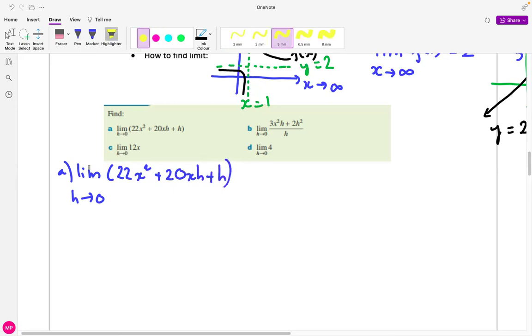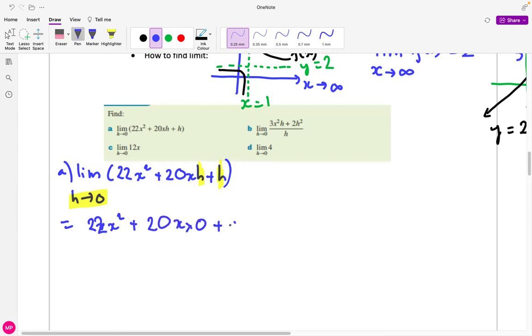They're telling you that h approaches 0, so you look for the letter h and substitute 0 in. So you will have 22x squared plus 20x times 0 plus 0. The 20x times 0 becomes 0, and the h becomes 0. So you have 22x squared and you're done.